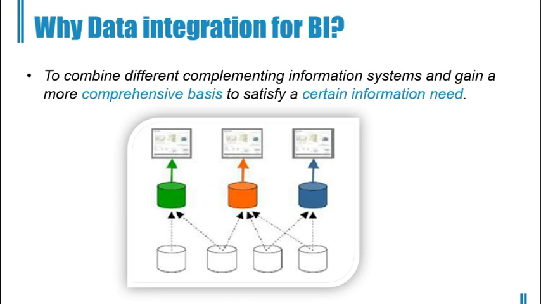Another reason why we need data integration for business intelligence is again to complement different sources of data and combine them in a comprehensive way to satisfy certain data needs. So for example, if we wanted to see profitability, we can have access to aggregated data from different sources around the world.